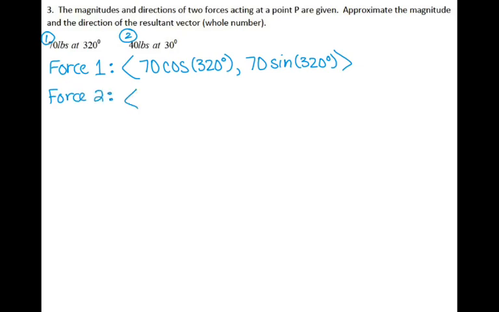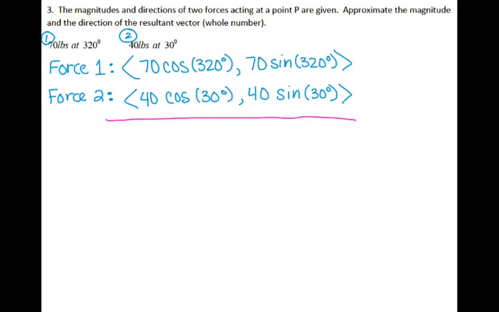So for force number 2, my magnitude is 40 and my angle is 30. So I have cosine for my horizontal component, sine for my vertical component.